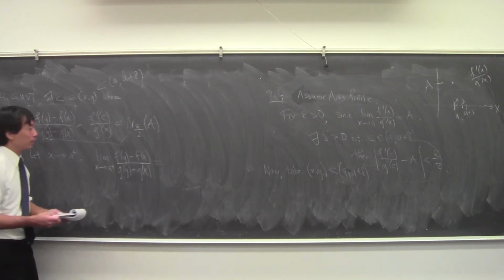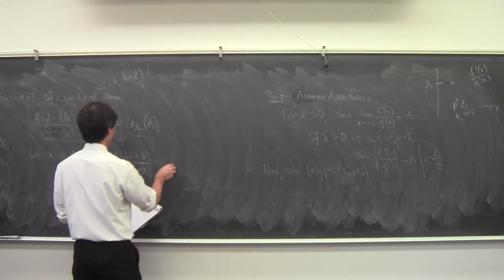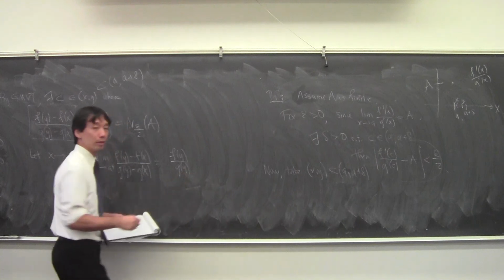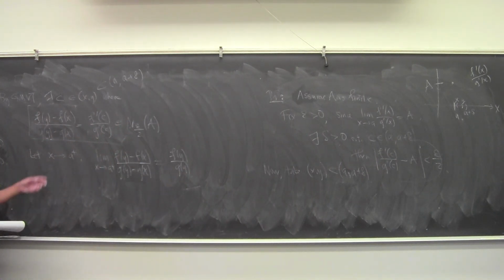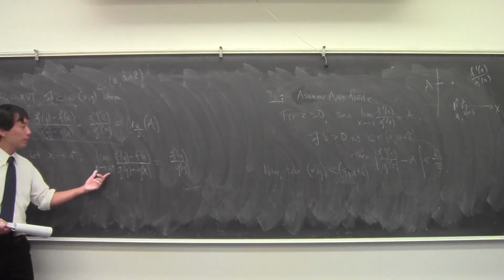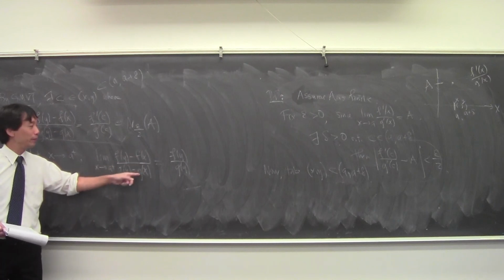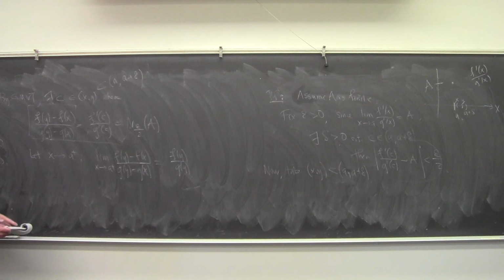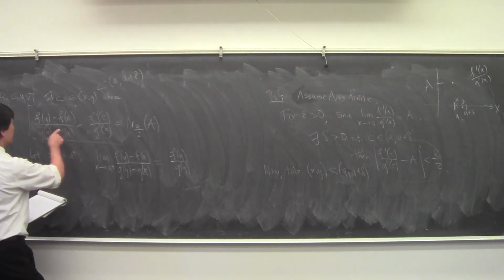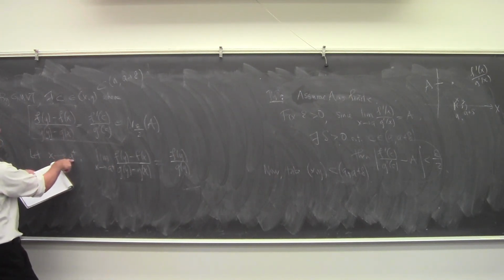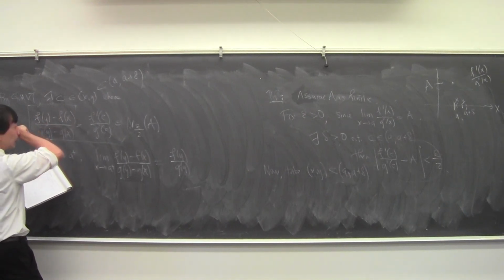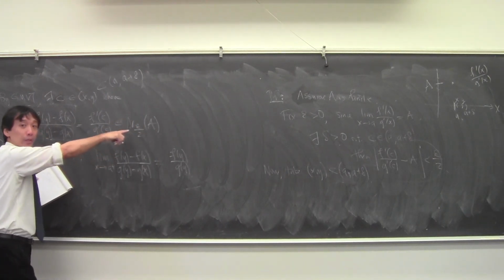Okay. So this is going to be f of y over g of y. Right? Because as x goes to a from the right-hand side, f and g go to 0. But as x goes to a, this thing always stays in the epsilon over 2 neighborhood of a.